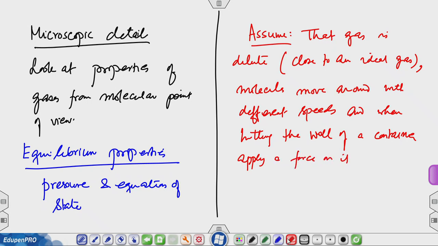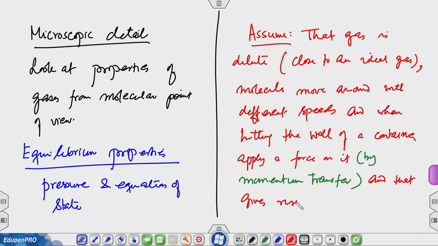How do they apply a force on it? By momentum transfer, and that gives rise to pressure. So that's what we are going to focus on today.